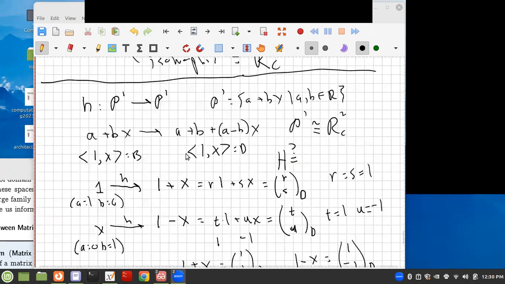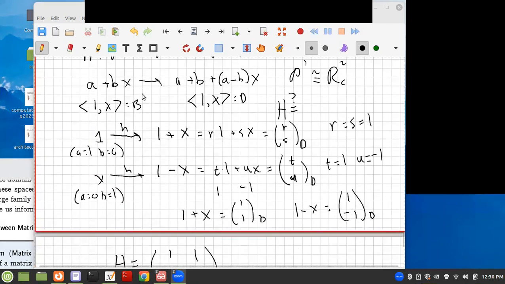So what you missed was us showing you the example of the map H from linear polynomials to linear polynomials. We find the image of the basis vectors, 1 plus x and 1 minus x, and represent them in terms of the standard basis 1 and x, getting 1, 1 and 1, minus 1.